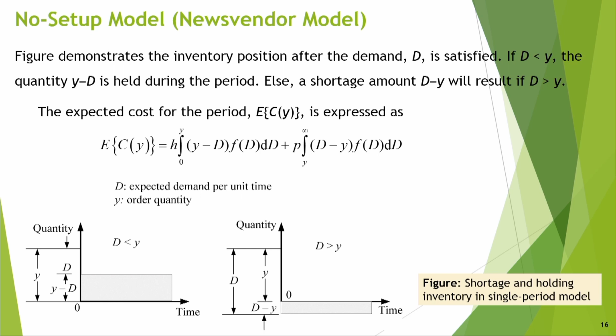Suppose we ordered quantity Y and my demand is D. If D is smaller than Y, then Y minus D is held during that period, meaning an excess amount, overstocking. Else there is a shortage: sometimes you took Y but the demand was D, so D minus Y is the shortage amount. D minus Y will result if D is greater than Y, and this is the shortage cost.